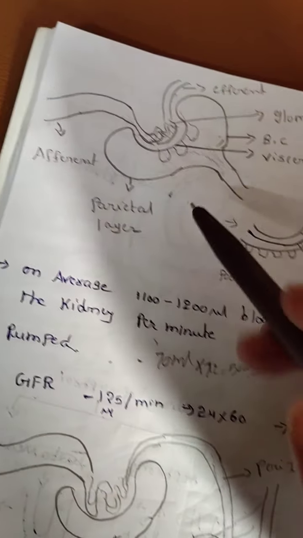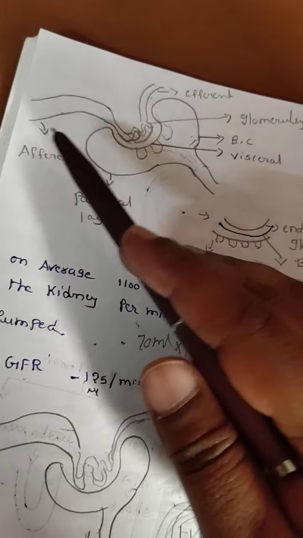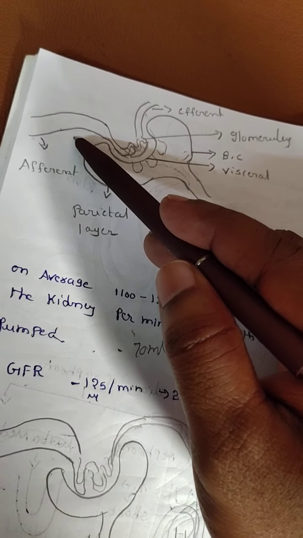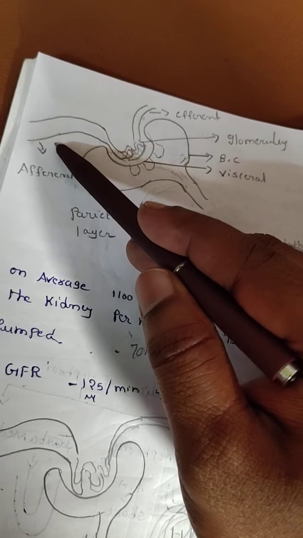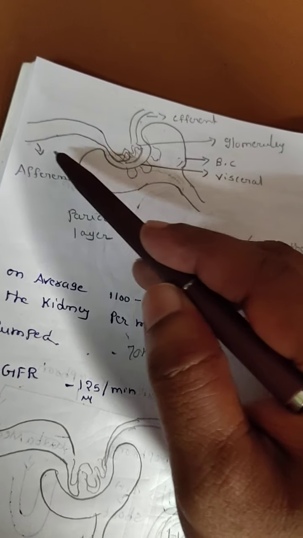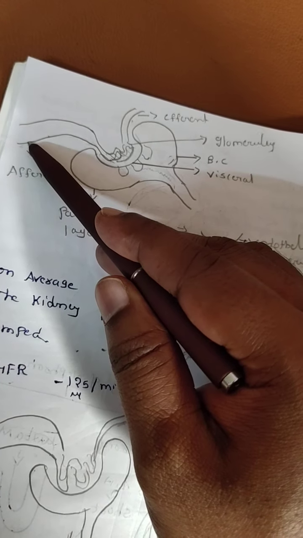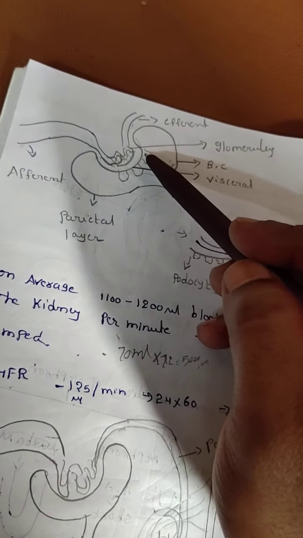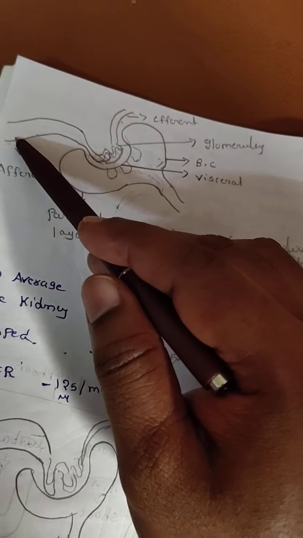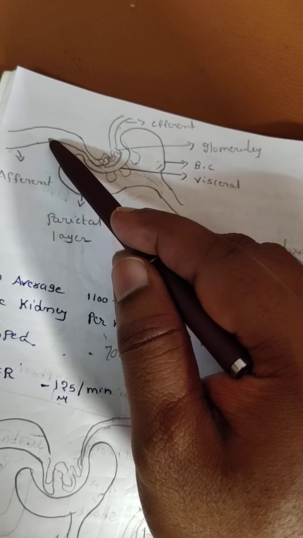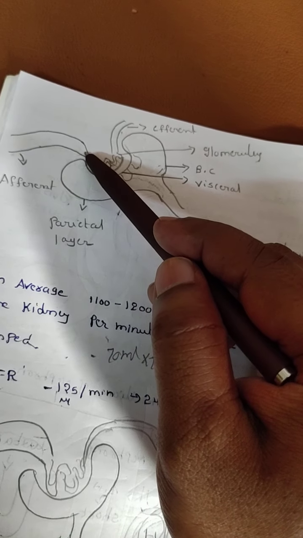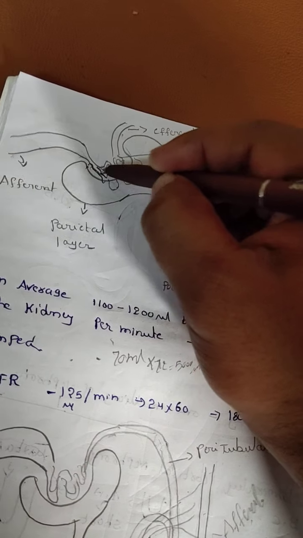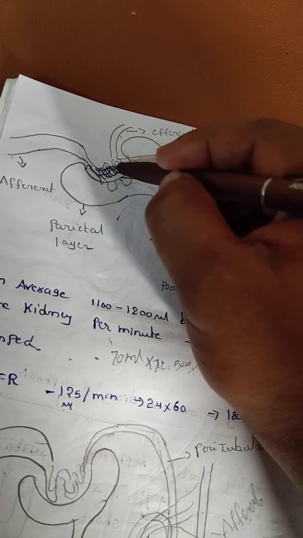From the renal artery comes the afferent arteriole. Affer means towards. This is the Bowman's capsule, which has two layers. When this afferent arteriole enters the Bowman's capsule, it divides into a tuft of blood capillaries.